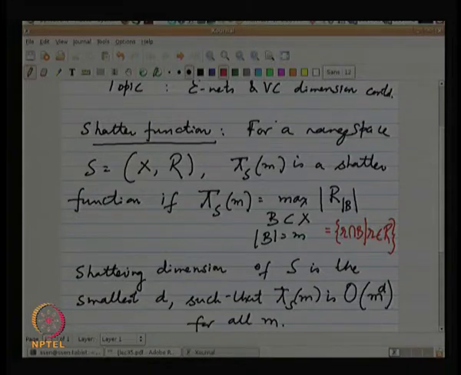Maybe you do not have a very tight bound, you can only say the VC dimension is less than 100, but you do not know whether it is 90 or 91. Same thing about shattering dimension: I am saying it is 4, but maybe it is less, who knows. We are not really looking for very tight bounds, only for situations where we can get a finite bound on the VC dimension, because most of our arguments will hinge upon the finiteness of the VC dimension and nothing more than that.